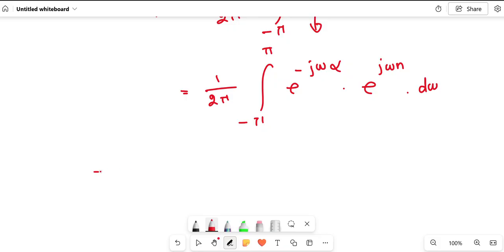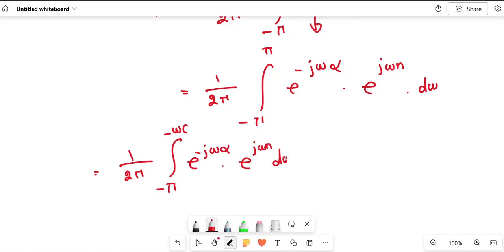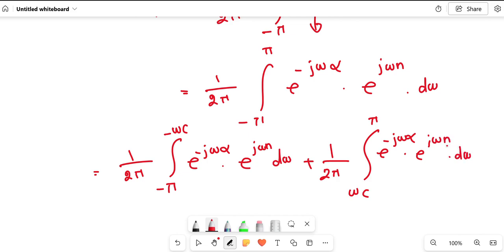I write here 1 by 2 pi, with limits minus pi to minus omega c, e power minus j omega alpha into e power j omega n d omega, plus 1 by 2 pi, with limits plus omega c to pi, e power minus j omega alpha into e power j omega n d omega.